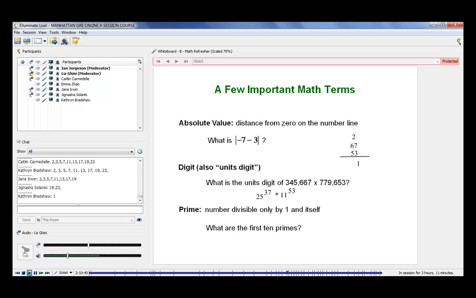Excellent, getting comfortable. 1 is not a prime, all right? 1 is not a prime. This is something that's really important to point out. I see a couple of people thinking that 1 is a prime. Let's write this out. 1 is not prime. By definition, the first prime is 2.